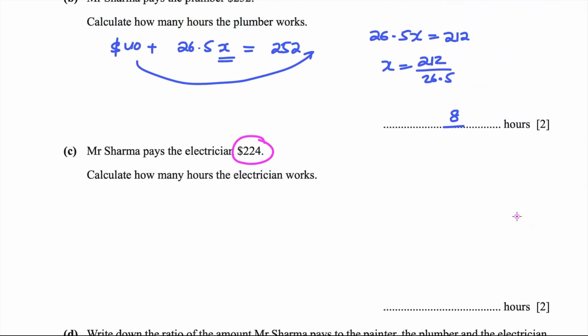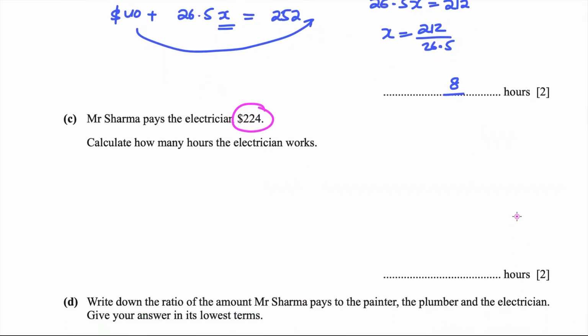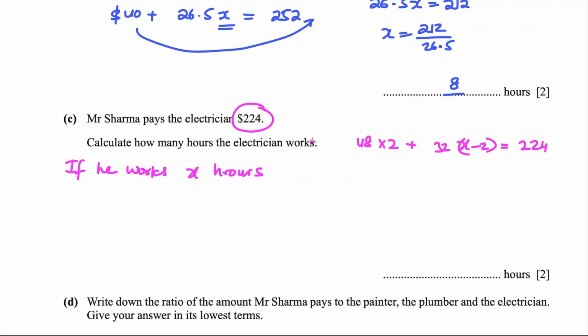If he works x hours, then for the first 2 hours it is 48 into 2, and for the remaining x minus 2 hours he takes 32. So 32 into x minus 2, this is equal to the total amount paid, which is 224.